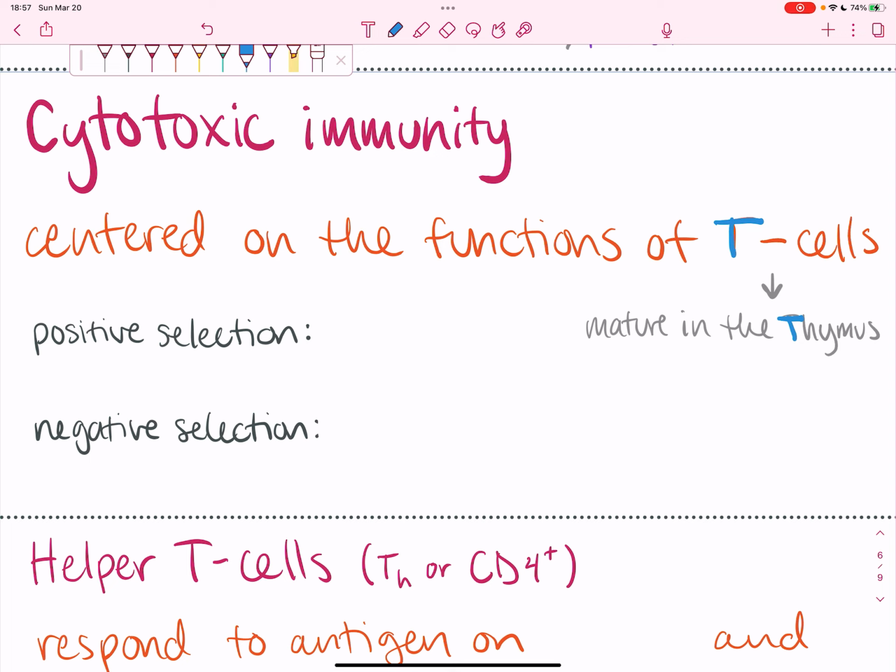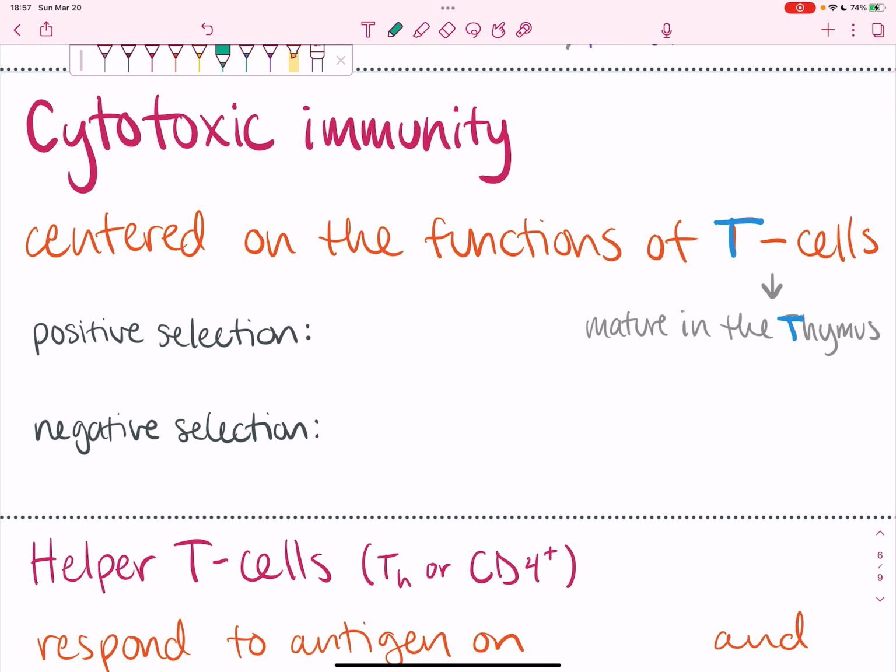So cytotoxic immunity centers around the functions of T-cells. They directly kill virally infected cells. That's like their main function, versus B cells, whose function is to create antibodies, basically.